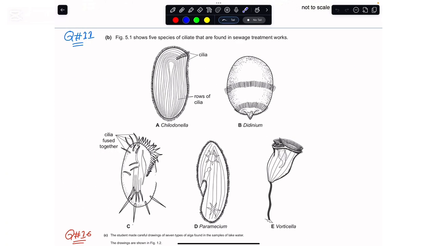So if we just try to discriminate between A and C, you see that A has got the presence of the cilia on its entire covering. But when we talk about C, it has got no covering of the cilia.